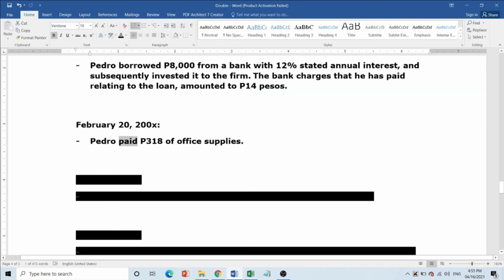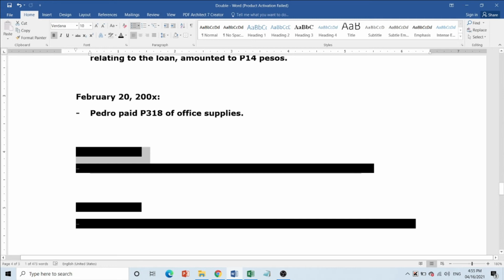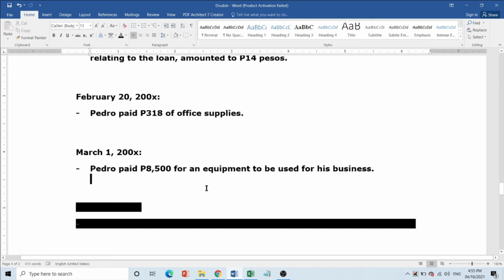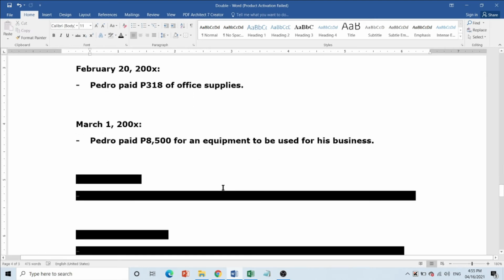Okay, next. Tingnan natin. Basic transactions that usually happens, especially sa mga students ngayon, kapag nag-take ka ng quiz. So, dapat alam na lang yung paano journalize or i-analyze ang isang transaction. Ayan. Pedro paid 8,500 for an equipment to be used for his business.